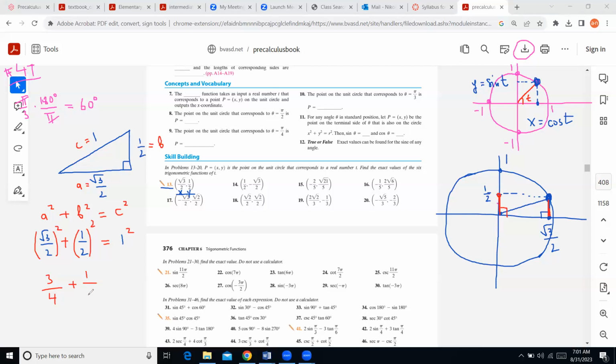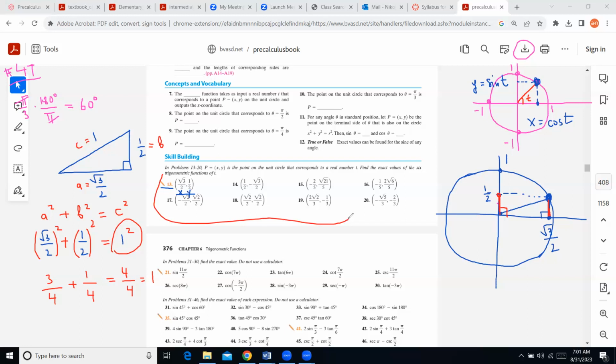And with 1/2, when I square it, I get a quarter, because 1 squared is 1, and again, 4 is on the bottom. So when I add these 3 fourths and 1 fourth, the sum will be 4/4, which is indeed equal to the number 1.